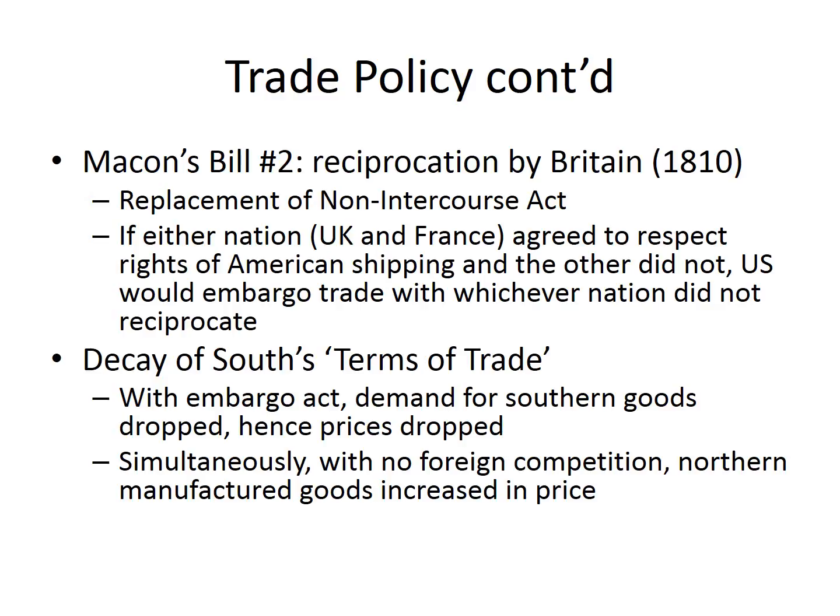Whoever doesn't recognize the right of U.S. neutral shipping, the United States will maintain an embargo against them. Britain will reciprocate right away and claim at least that they're going to respect U.S. shipping, although there are going to be a number of incidents from 1810 to 1812 of interception of U.S. ships. France, for its part, will not.